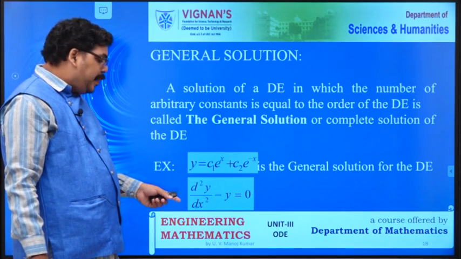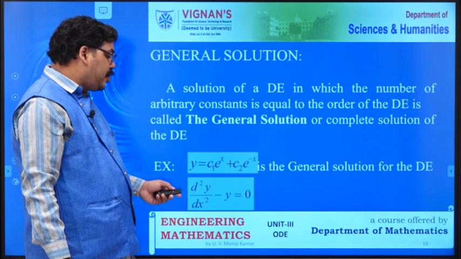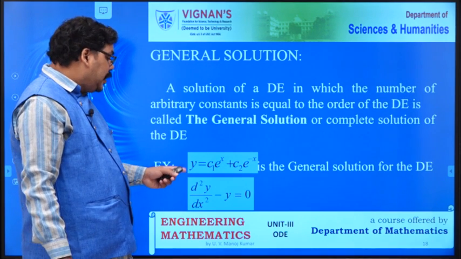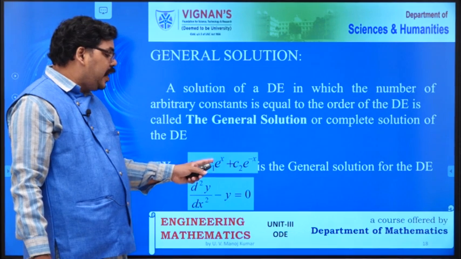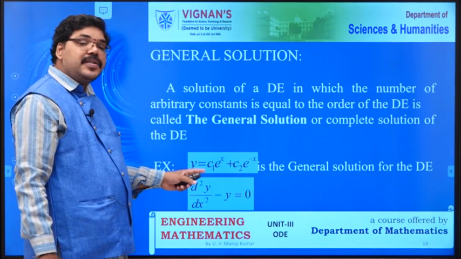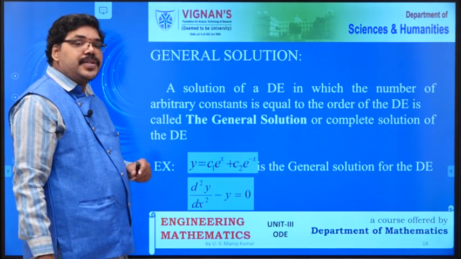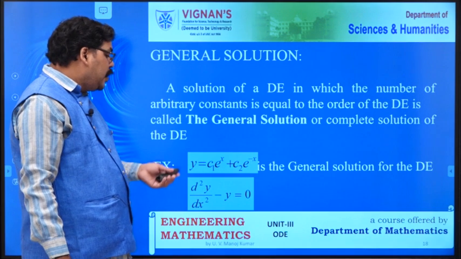So if you see the same example, d square y by dx square minus y equals 0, here the general solution is c1 e power x plus c2 e power minus x. So here how many arbitrary constants are there? c1, c2. Two arbitrary constants are involved in the solution.